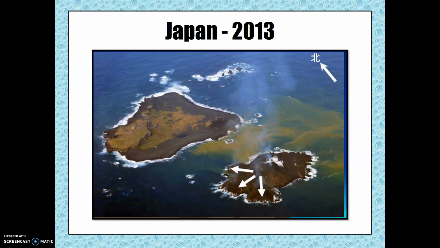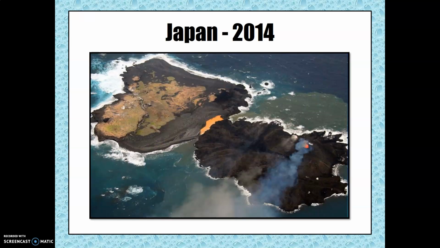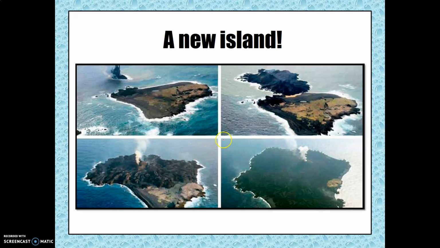These pictures are kind of neat from the volcano in Japan in 2013. You can see here the lava started to come out, it hits the ocean, cools down. We had two separate little islands here, and as it kept going, it got closer and closer to that other island, and by the time everything was done, we now have one big island due to that volcano instead of two separate little ones like we started.